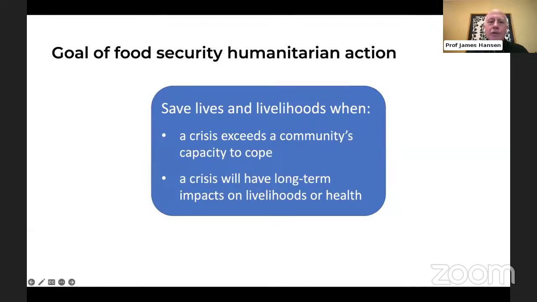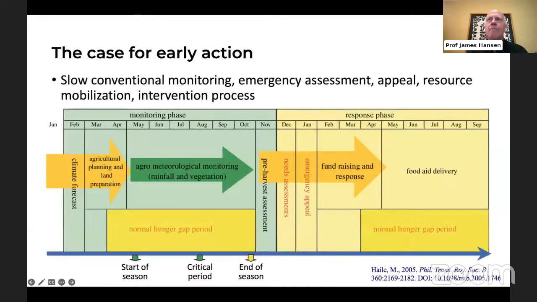So yesterday in session 2, we talked about coping strategies and some of the factors that can cause a climate-driven food crisis, a food production shortfall, to have long-term impacts on lives or livelihoods. Food security and other humanitarian organizations understand this well, and this has been a concern for a long time.